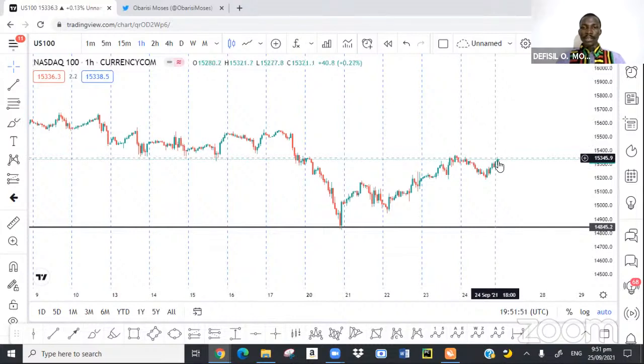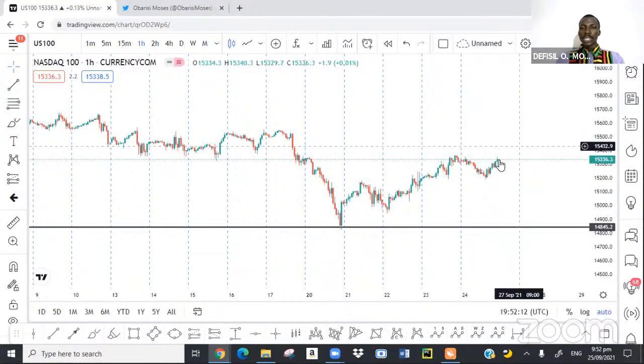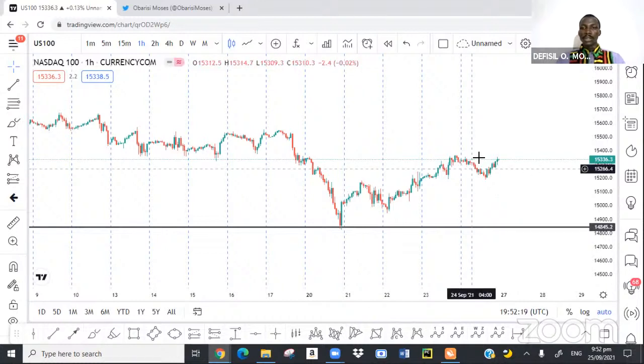But maybe the market decides to come back to this level or do a little pullback, we should also be careful before we take our sell opportunity. We should be very conscious before we take our sell opportunity on this chart.